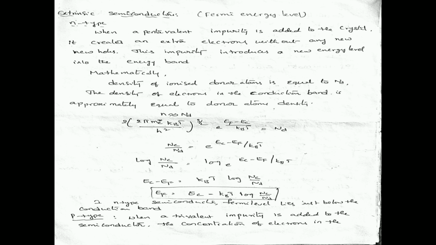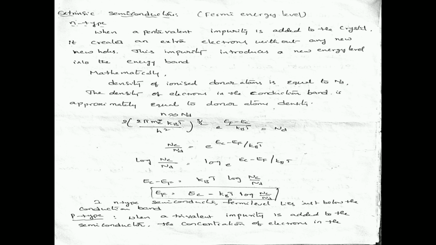So in n-type semiconductor, we are adding pentavalent impurities to the intrinsic semiconductor, and it becomes an n-type semiconductor. That means extra electrons are introduced. Next, density of ionized donor atoms is equal to Nd.